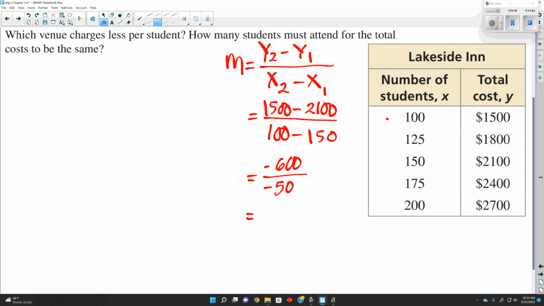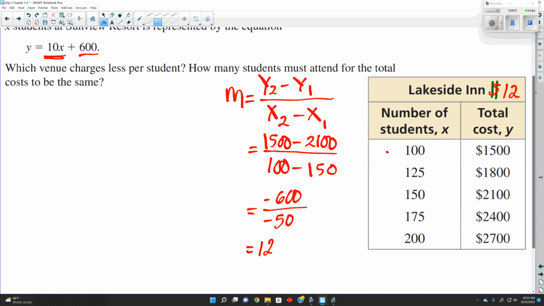How many times does 5 go into 60? 5 goes into 60 12 times, so 50 will go into 600 12 times. So how much does it cost per student for Lakeside Inn? $12.